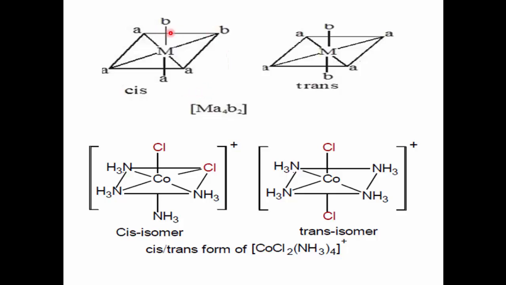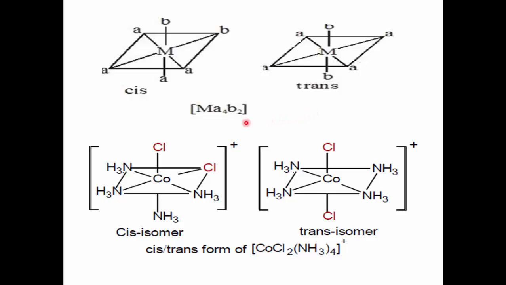See, this is the first position, this is the second position. Again at 1 and 2 positions same ligands are present, therefore this is the cis isomer, and at the remaining positions A ligand is present. In case of the trans isomer, the B ligands are present at 1 and 6th position, therefore it is called a trans isomer, or it is also called a 1,6 isomer, while at 2, 3, 4 and 5 positions A, that means another ligand, is present.